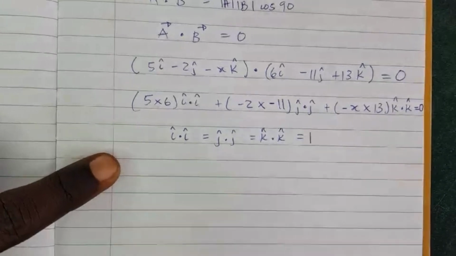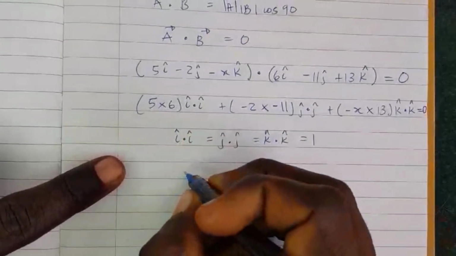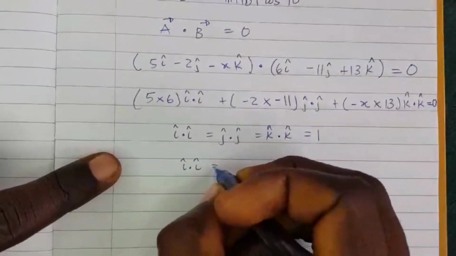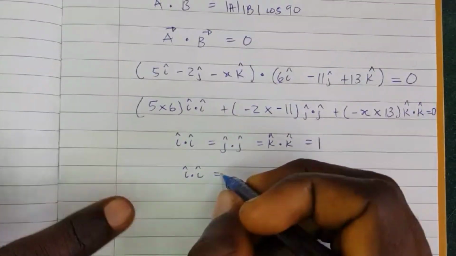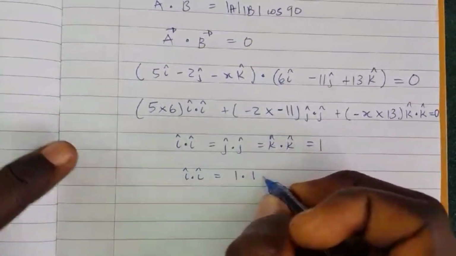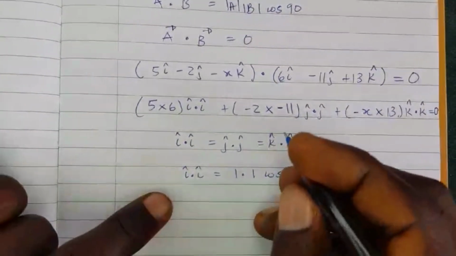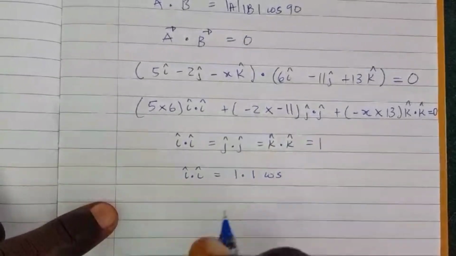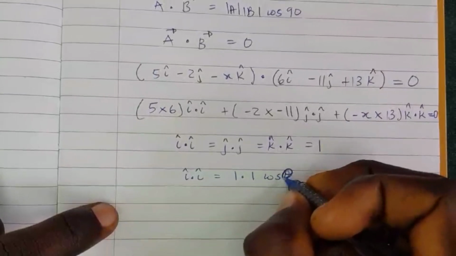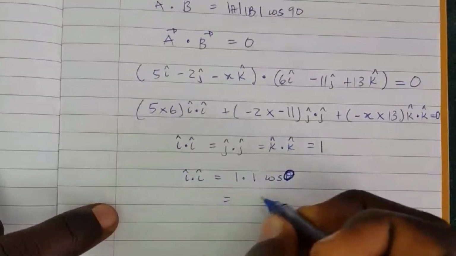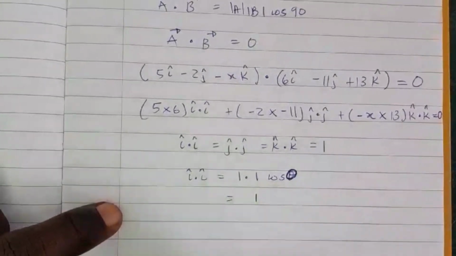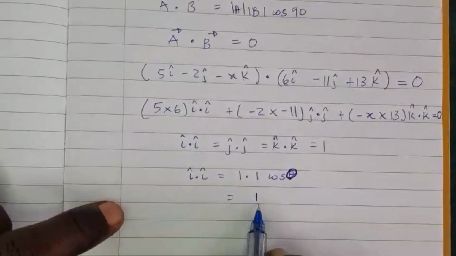So anytime we compute i hat dot i hat, it is the magnitude of i hat, 1, times the magnitude of i hat, 1, times the cosine of the angle between them. Now i hat and i hat are in the same direction, so the angle between them is 0, and cosine of 0 is equal to 1. So everything here reduces to 1. So i hat dot i hat is equal to 1, and the same for j hat dot j hat and k hat dot k hat.